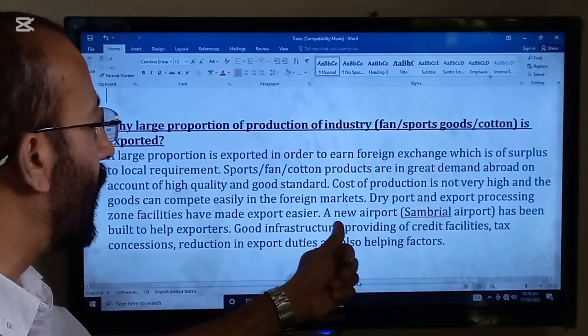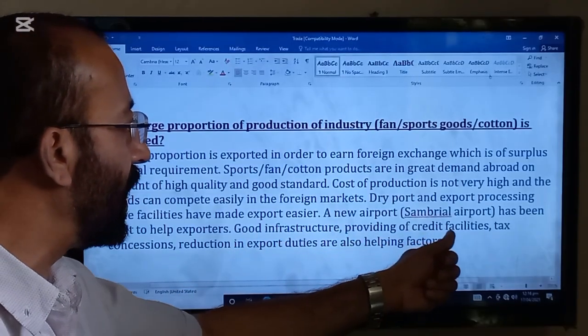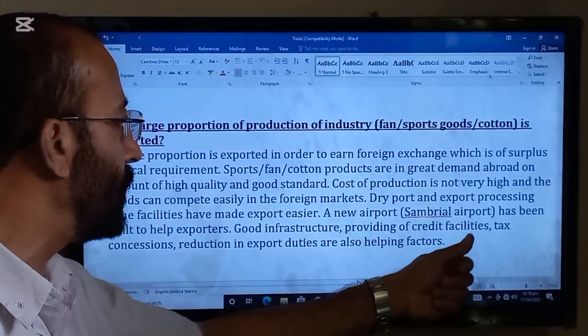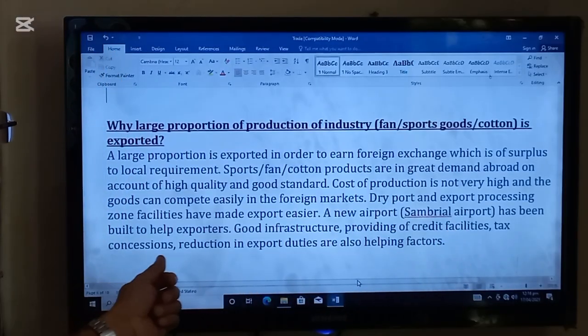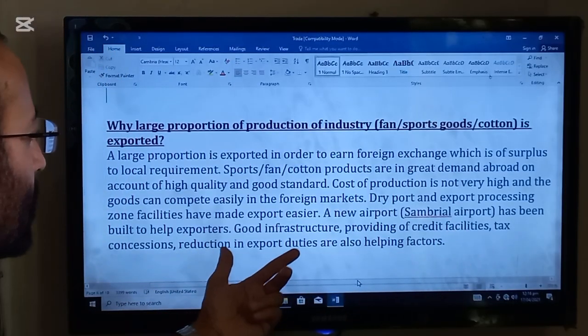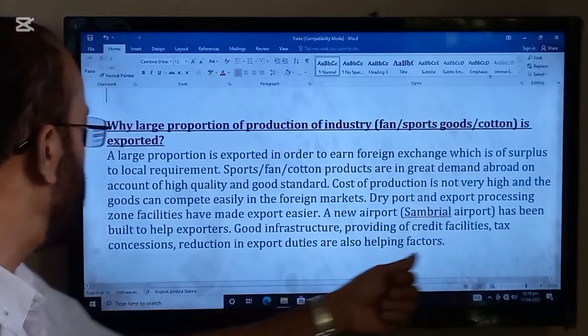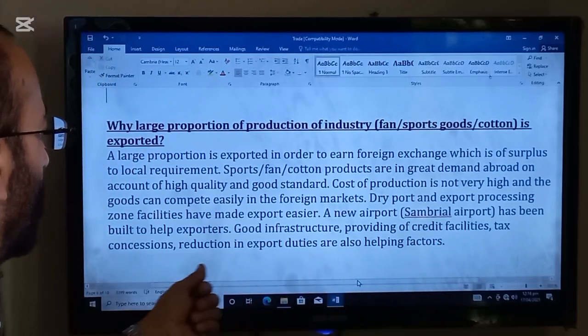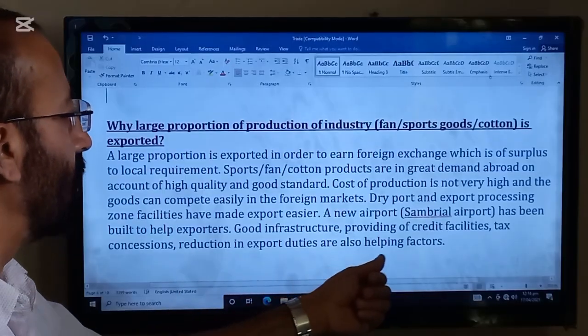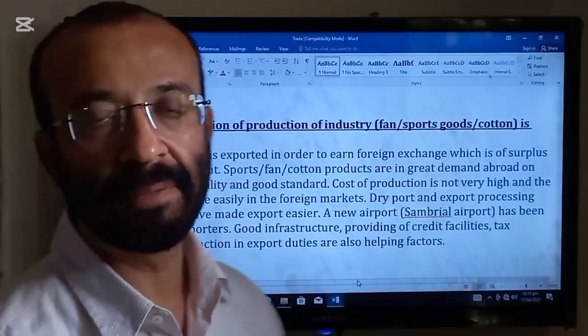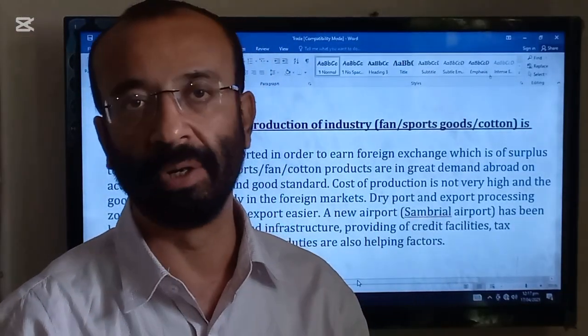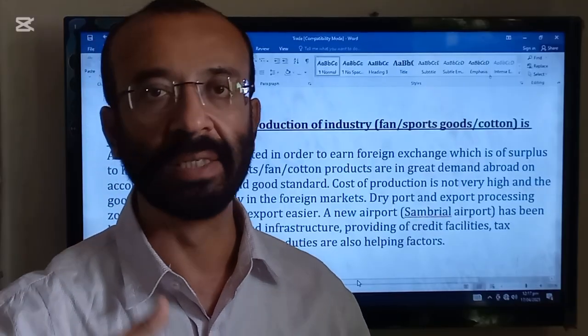Next, a new airport, Sambrial Airport in Sialkot, has been built to help exporters. Next is good infrastructure and credit facilities. Tax concessions and reduction in export duties are also helping the factors. So that's why a big proportion of the production is exported.